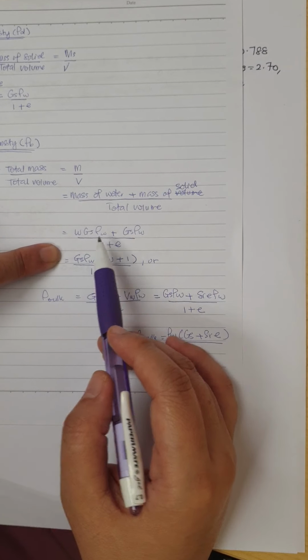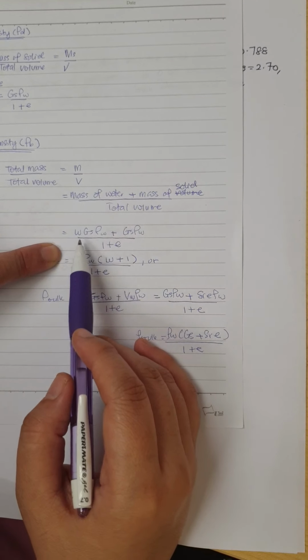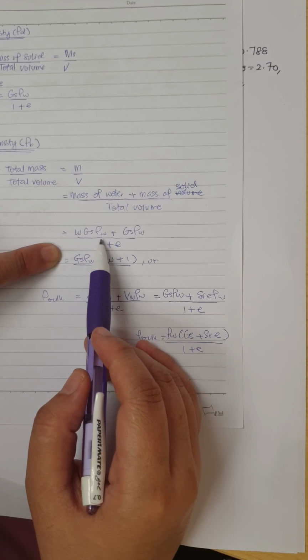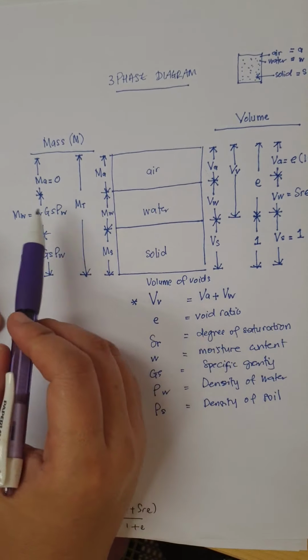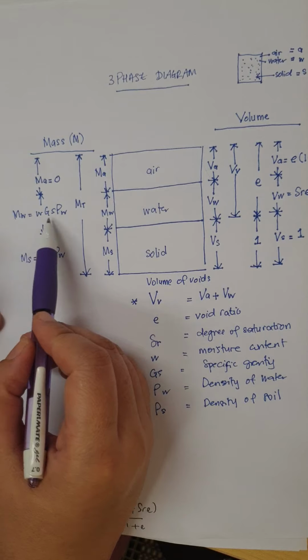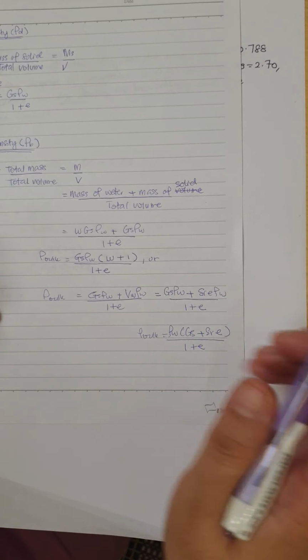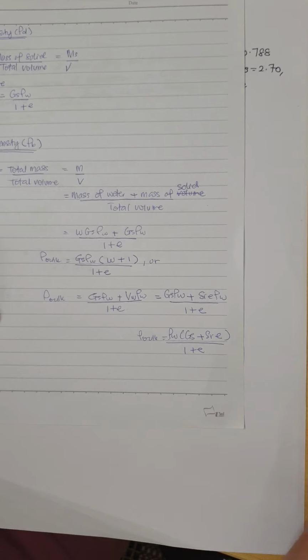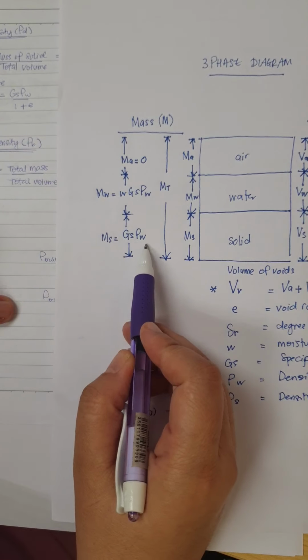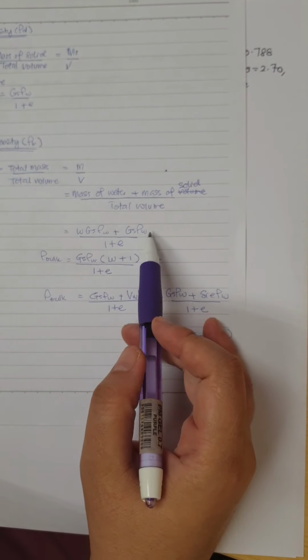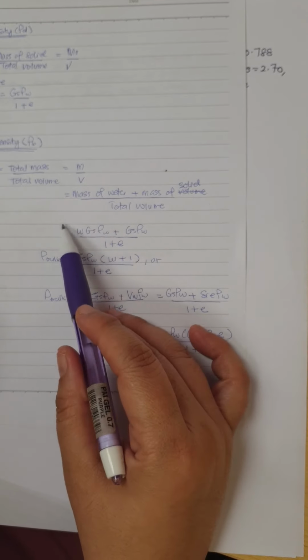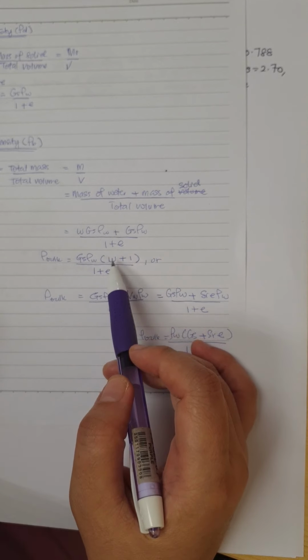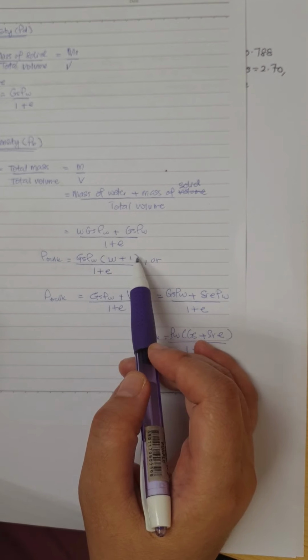So we use the three-phase diagram, substitute mass of water by w Gs rho w. That one is from your three-phase diagram. This is mass of water, w Gs rho w, and then mass of solid is Gs rho w. So substitute that one, divided by 1 plus e. So this is the equation that I can use if I want.